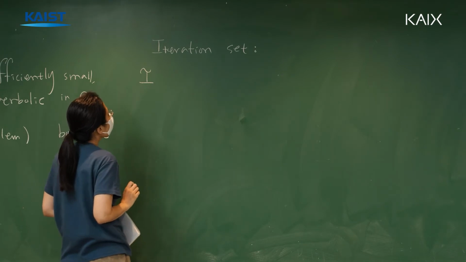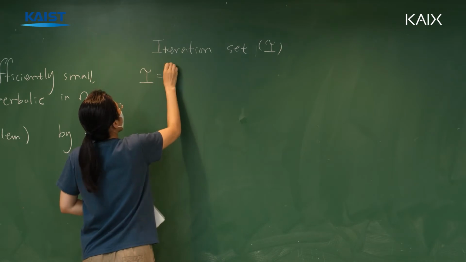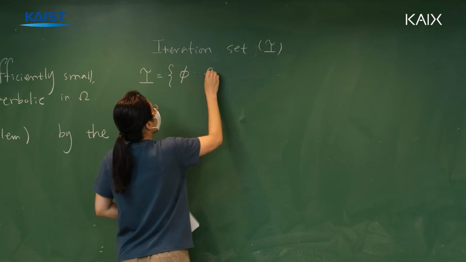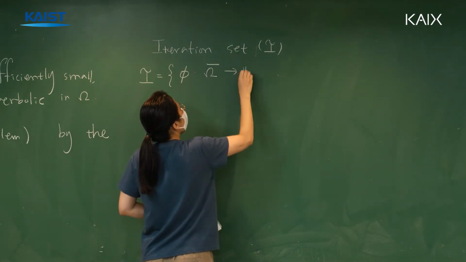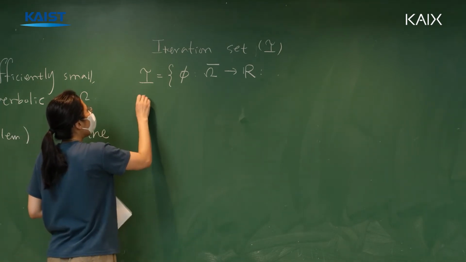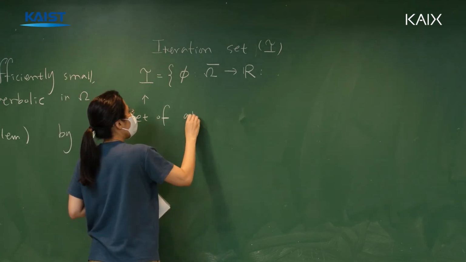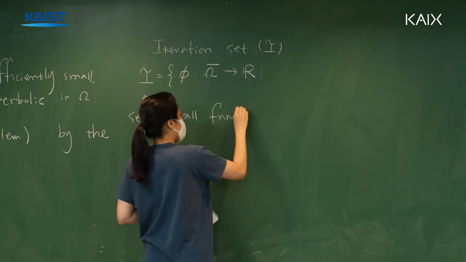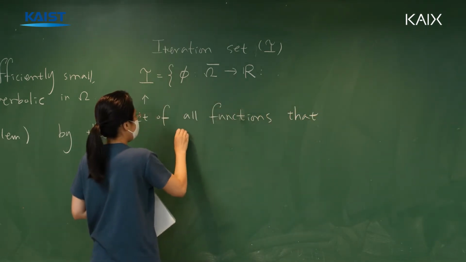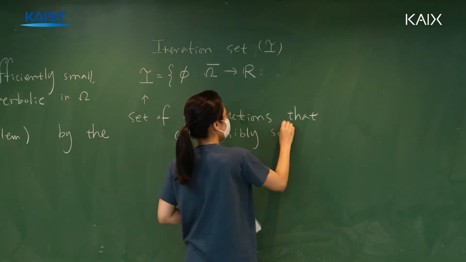So that's going to look something like this. I'm going to use the notation I, and that's going to be a set of functions, the functions from omega closure to R. And now I want this I to be the set of all functions that can possibly solve the main problem.